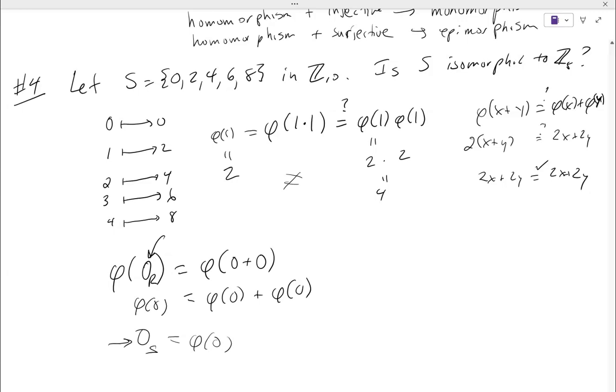S, yeah, it's the output, right? Okay. So, in particular, what does this say has to happen if you have a homomorphism? The zeros have to map onto it. Yep. The additive identity of your domain has to map to the additive identity of the codomain. Okay?